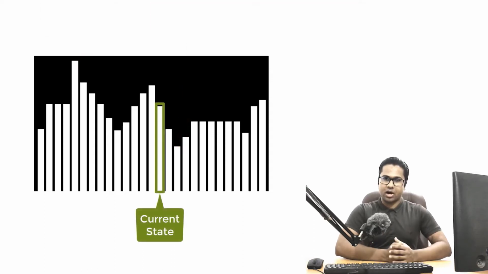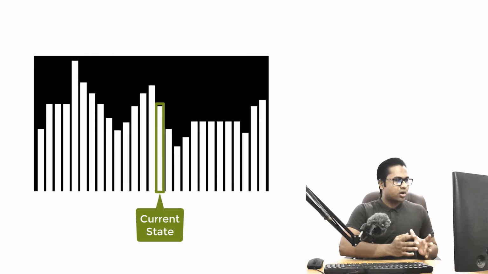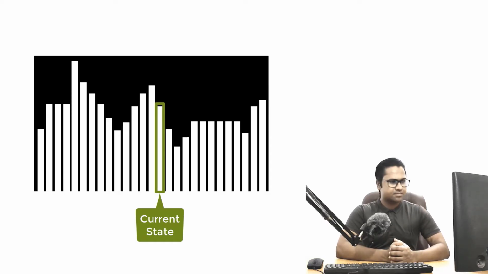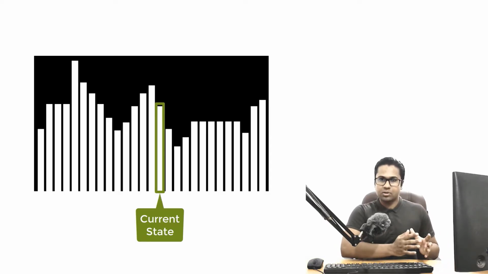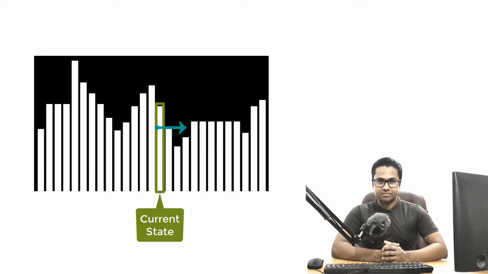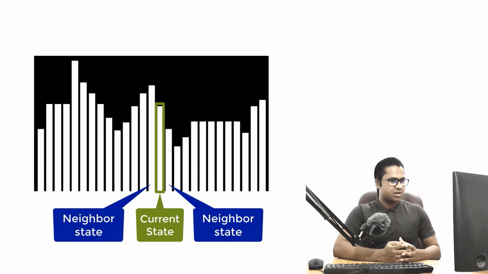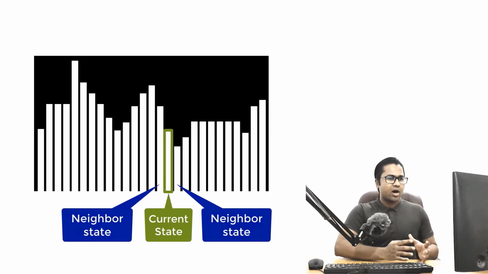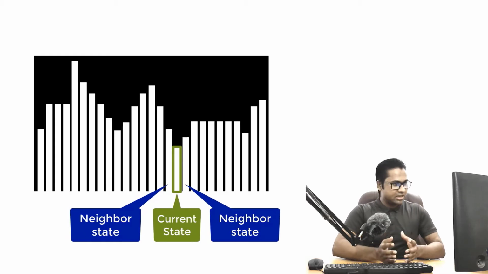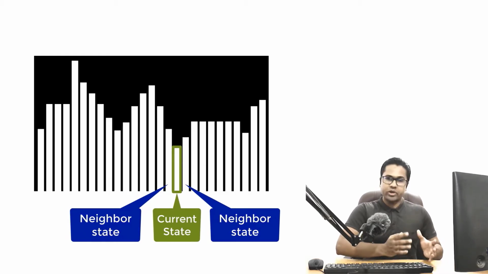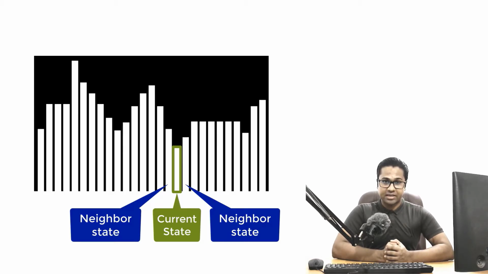Suppose this is our current state, and we want to minimize the distance. Then we have to travel in this direction. The immediate left and right states are called neighbor states. Here we are to move to this neighboring state. After that, here. So we are at the optimized state.